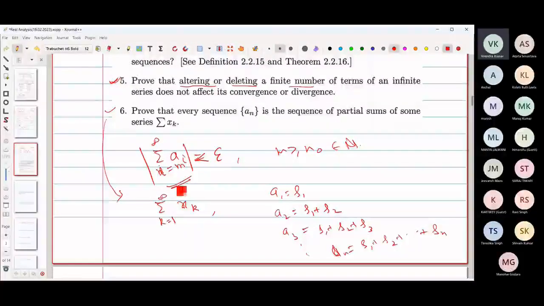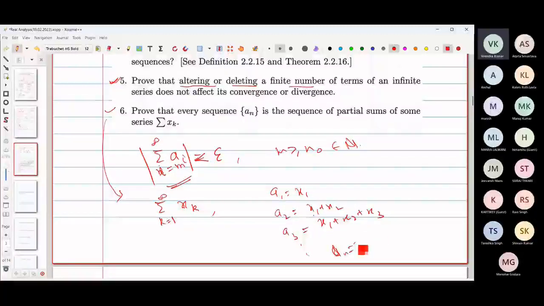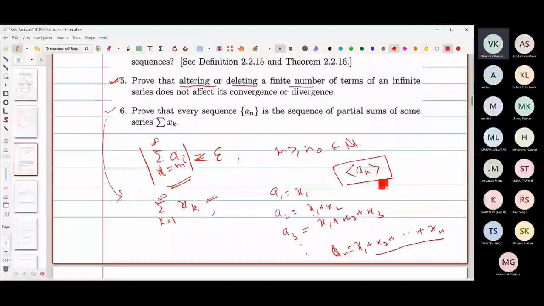Here it is not s_n but x_k; please forgive me for this, because we have taken the series with terms x_k. So all these terms we have added, and then the nature of this series is totally determined by the sequence a_n, this sequence of partial sums.